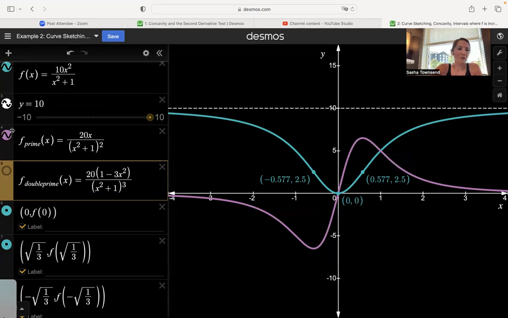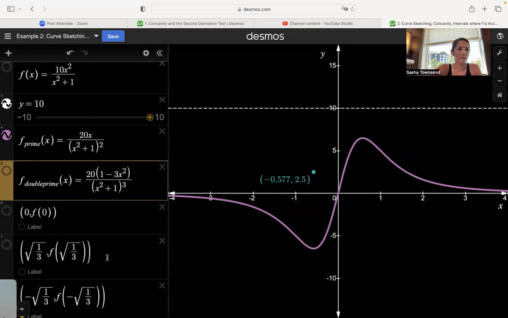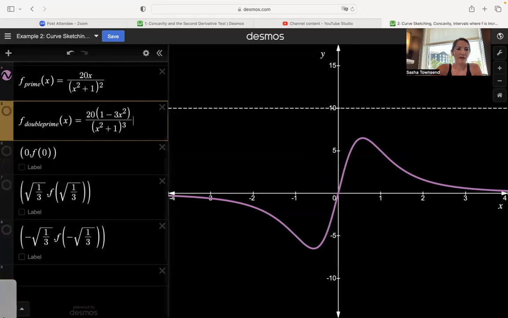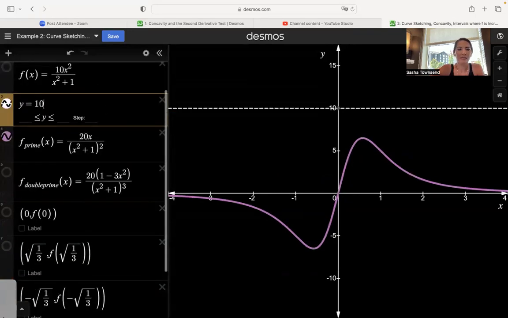Now, if you want to compare y prime and y double prime, you can. Y double prime is the derivative of y prime. So if this is y prime, we can see that it has a 0 slope at this x value and at that x value.